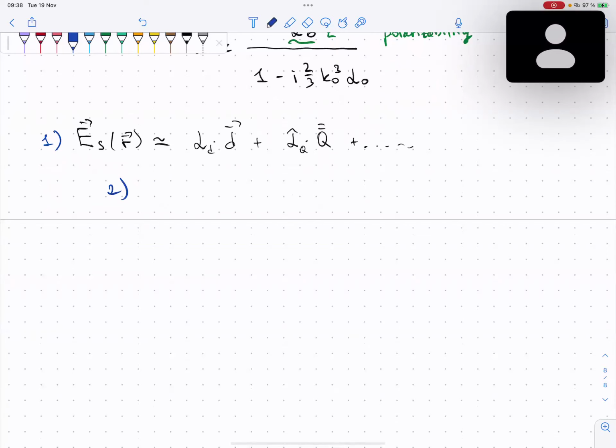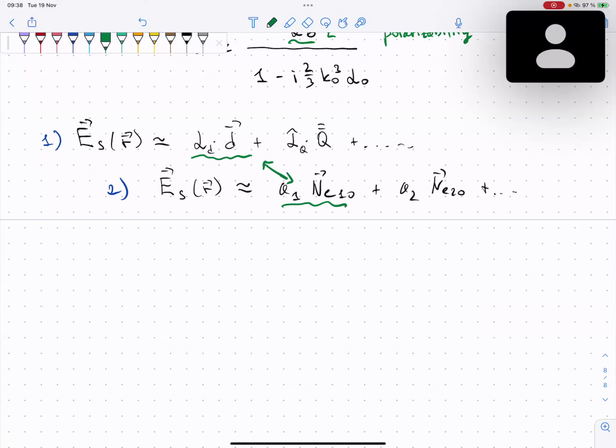On the other hand, we can express it in terms of vector spherical harmonics and Mie coefficients, like A1 times electric 1,0 plus A2 times electric 2,0, and so on. This A1 is just the dipolar mode, and A2 is the quadrupolar mode.